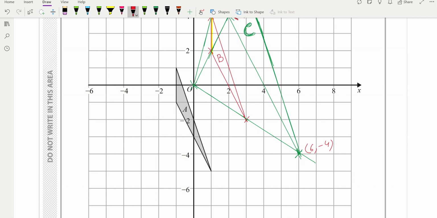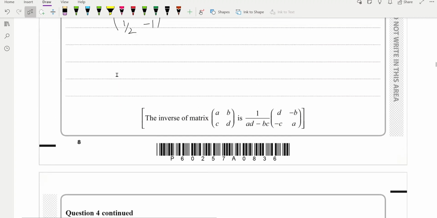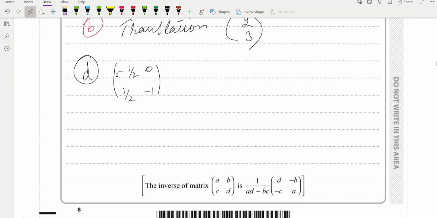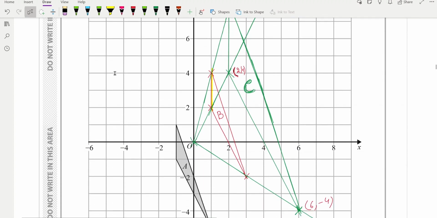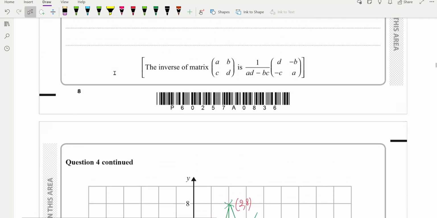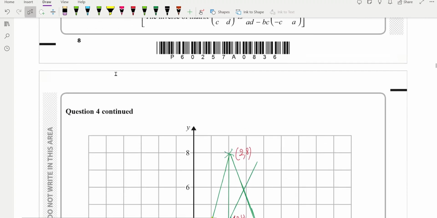These are the coordinates which we'll be utilizing. So this matrix will be multiplied by 2 and 4, and the second point is 6 and minus 4, and the third point is 2 and 8.